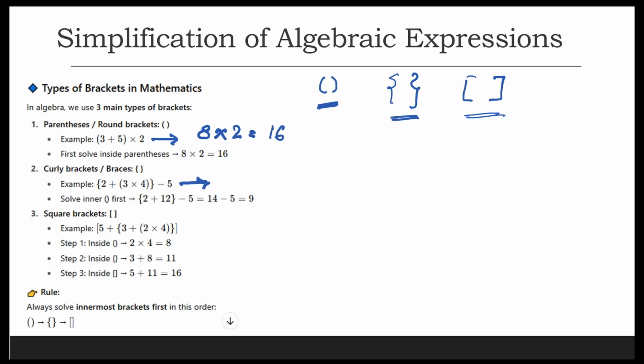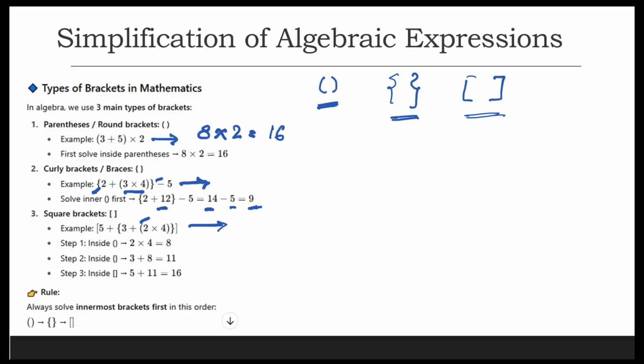In this case, there is first a small bracket, then a medium bracket. So first we'll solve the small bracket. 3 into 4 is 12, plus 2, which is 14, and then minus 5 is 9. Right?